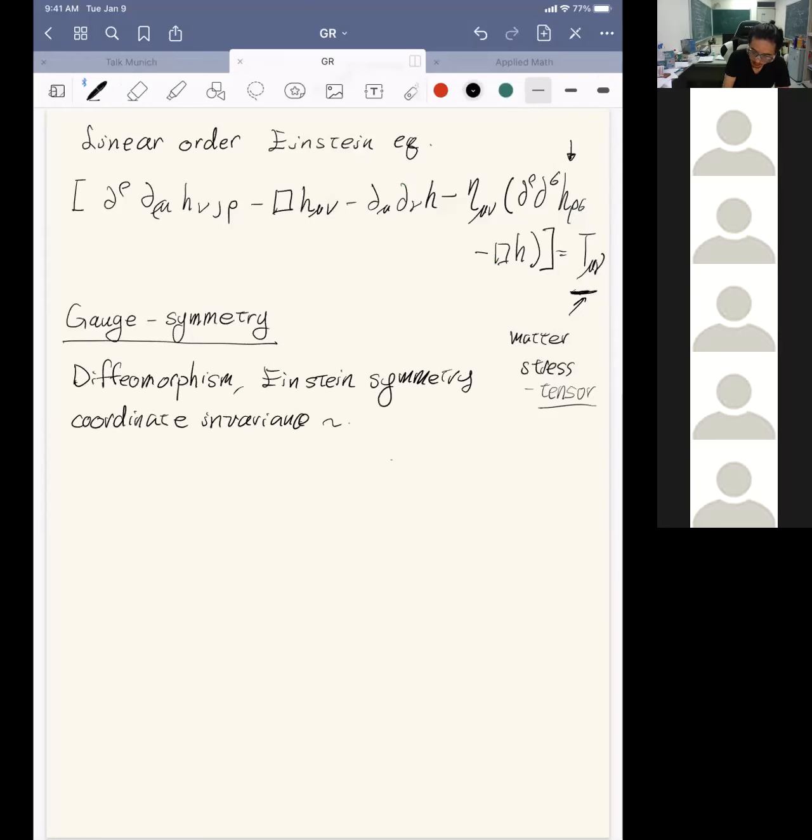But at the end of the day, it's all just about you can transform x into x plus some arbitrary function of x, and the system should be invariant. So it's really invariant under coordinate transformation.